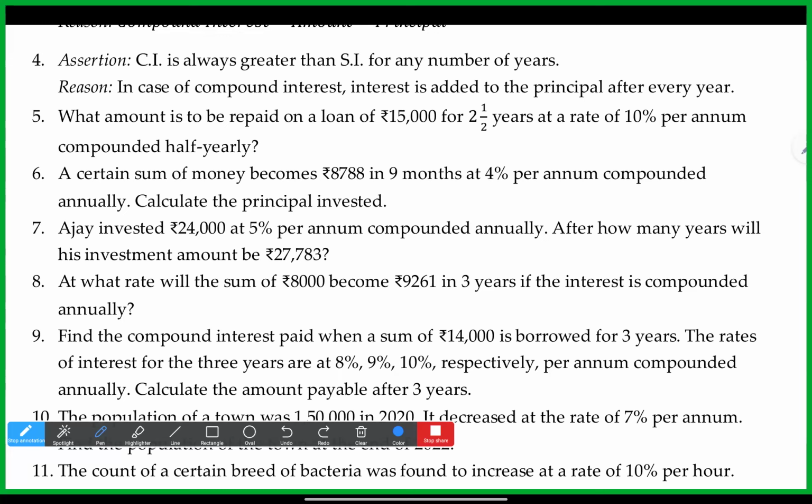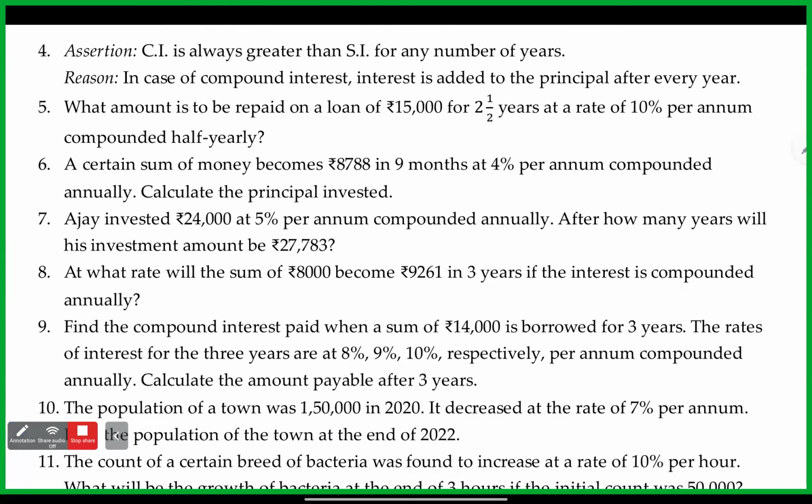As per the reason, there is no mistake: in case of compound interest, interest is added to the principal after every year. So in that way there is no mistake. So the assertion is true only if it means more than one year, because for the first year CI will be equal to SI. Okay, Yashwa?